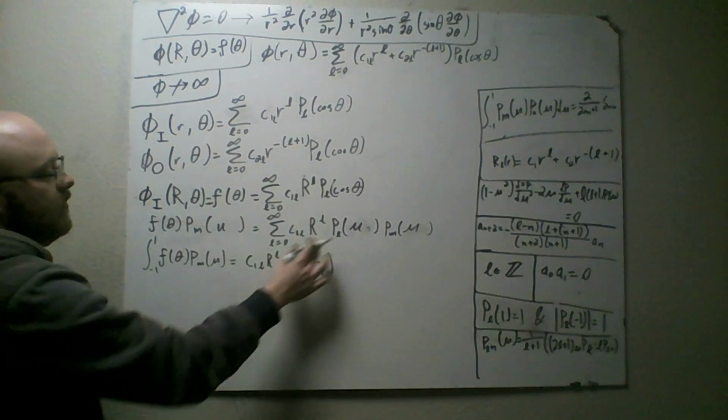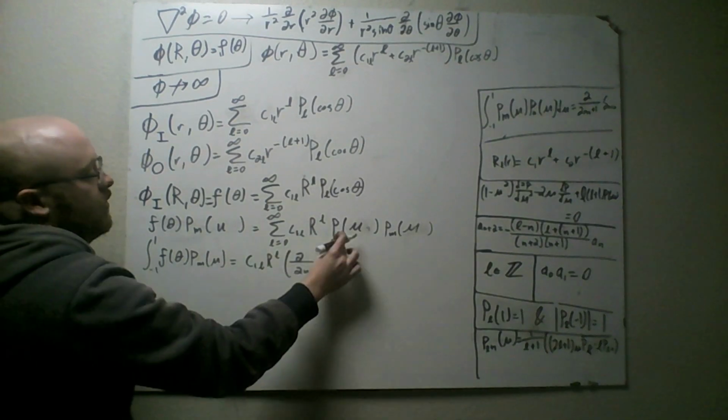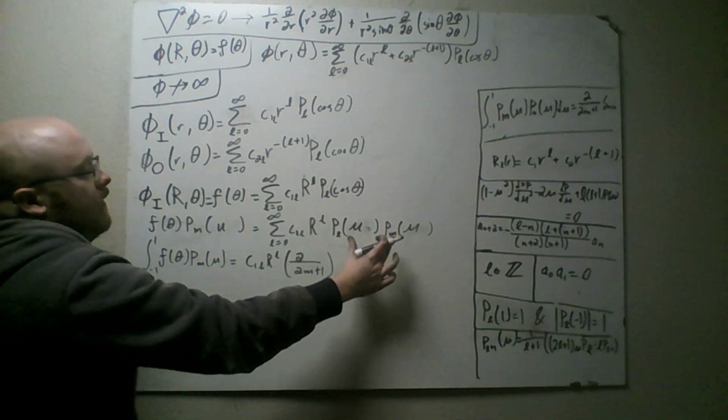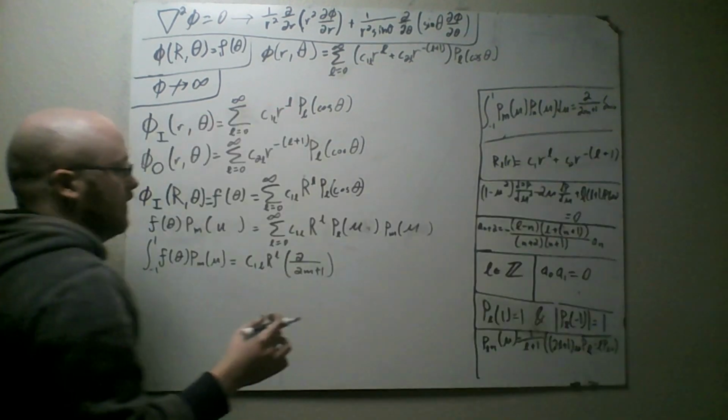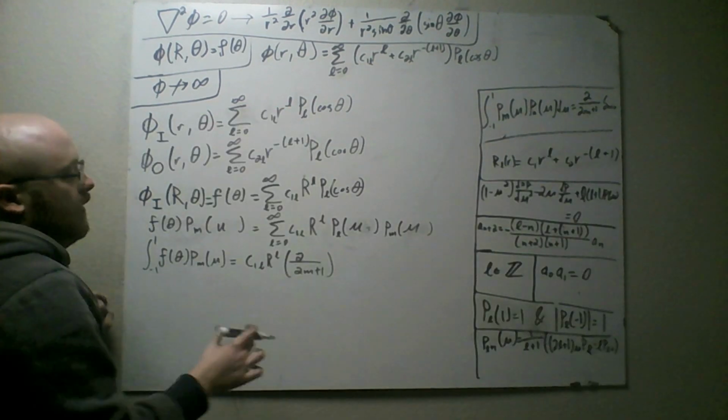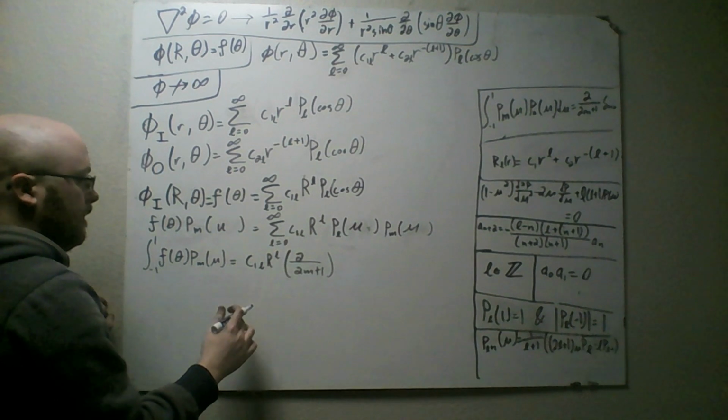Once we integrate, because remember, everything else goes to 0 except for one term where L equals m. And when L equals m, we get this guy. And then these are constants, we just pull them out.